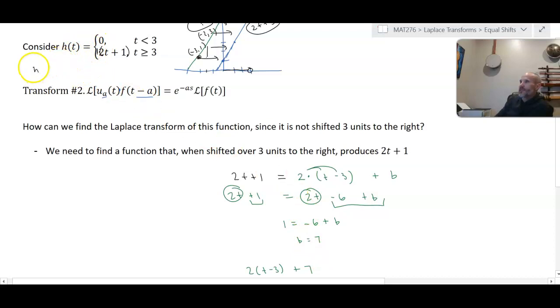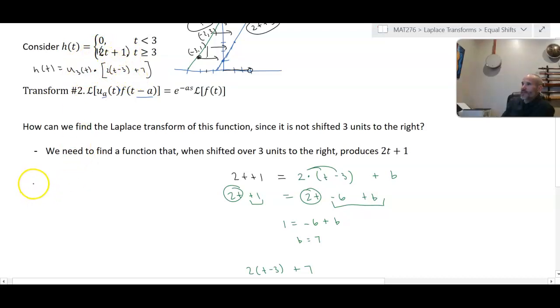So h of t is the Heaviside function, u3 of t, multiplied by this in brackets, 2 times quantity t minus 3 plus 7. When t is less than 3, the first factor is 0, and 0 times the second factor will always be 0. When time is 3 or greater, this will be a 1, and 1 times this gives us exactly this top part.